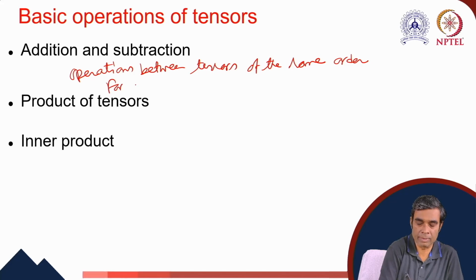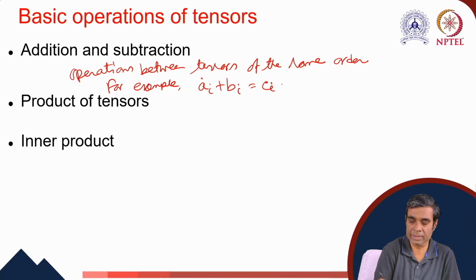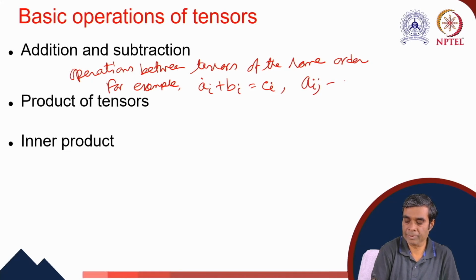For example, if we go for two vectors ai and bi, if we add them, the result is ci. This is possible because all of them are vectors, or of the same order. Similarly, we can write aij minus bij equals cij.